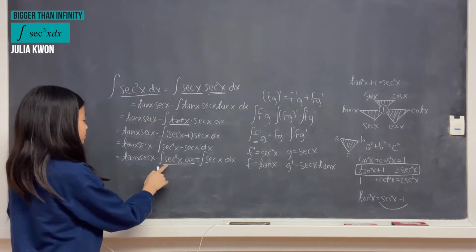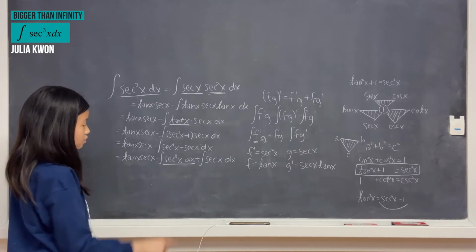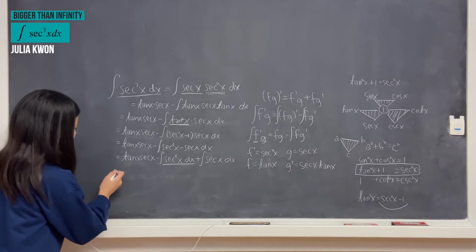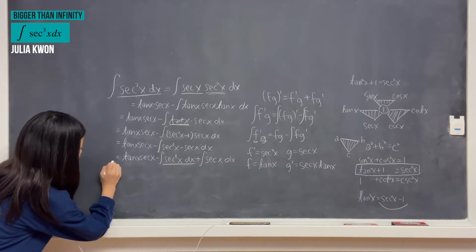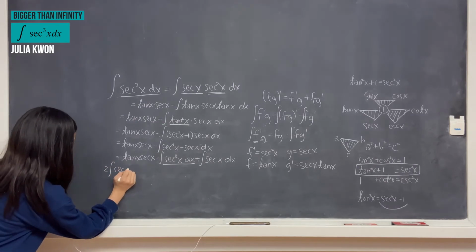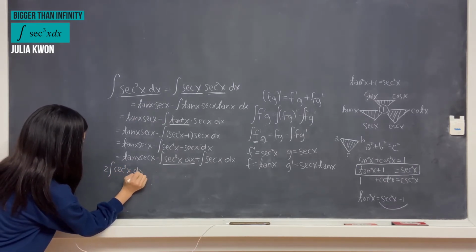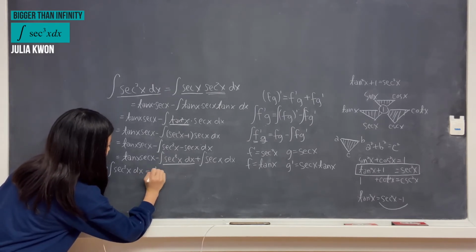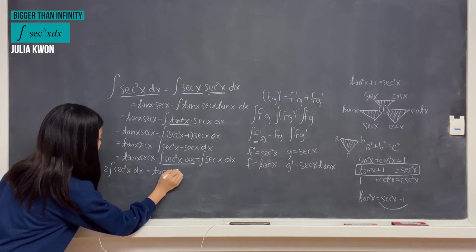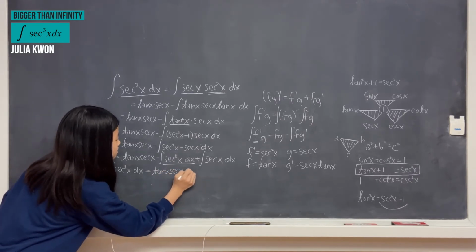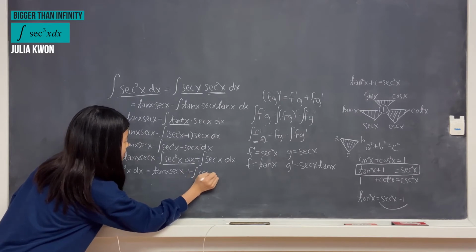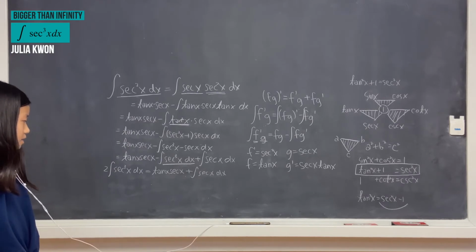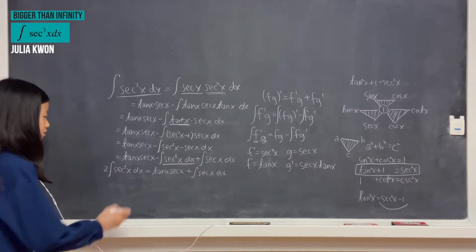And so if we just add the integral of secant x cubed dx on each side, then we would get 2 times the integral of secant x cubed dx, which is equal to tangent x times secant x plus the integral of secant x dx. So now finally we can divide 2 on each side.